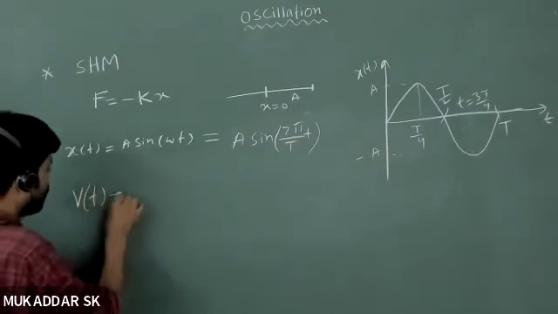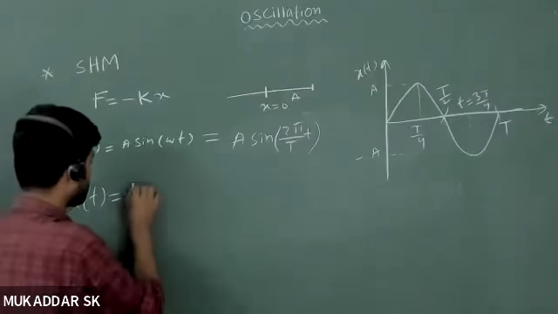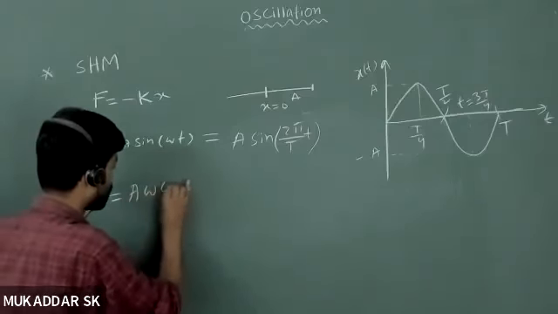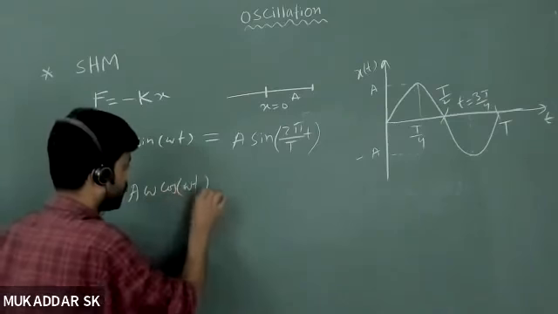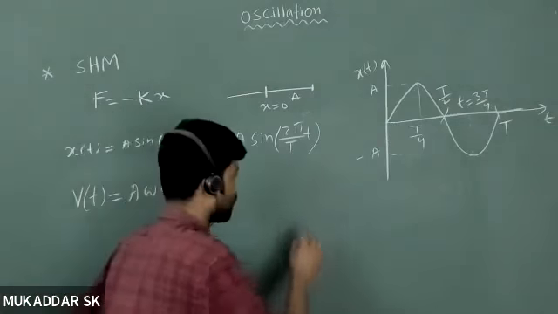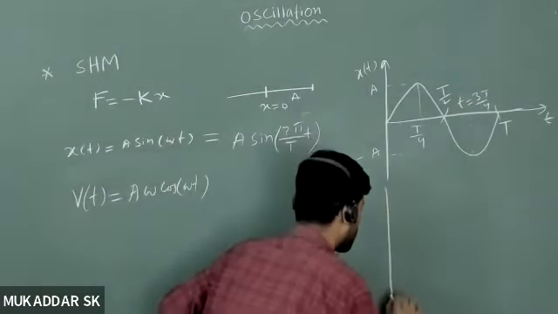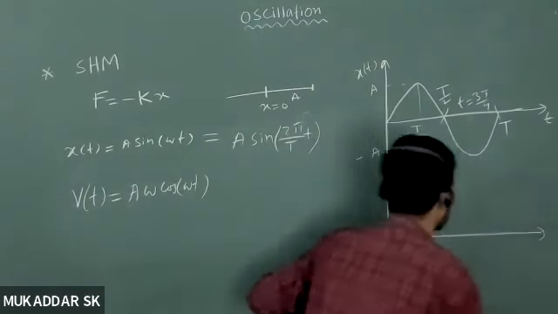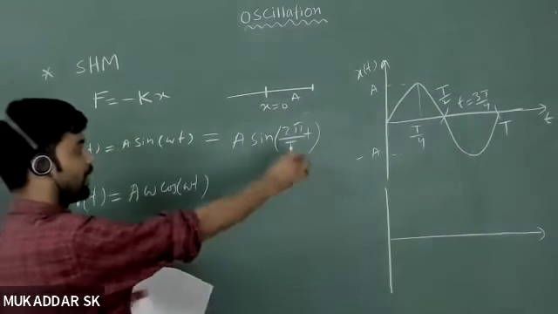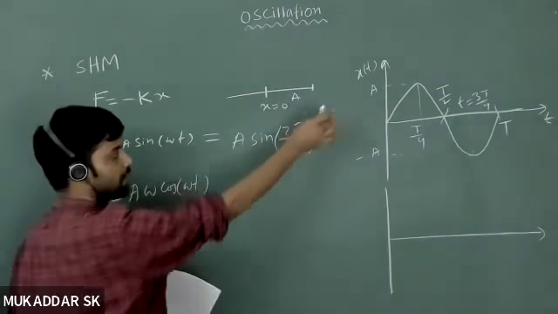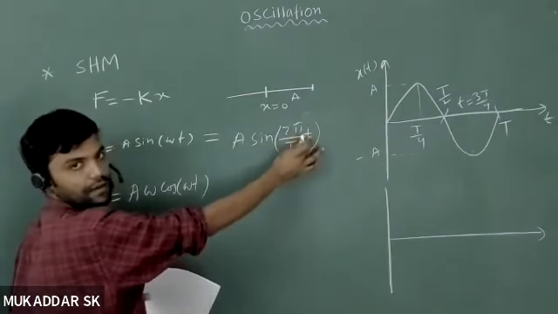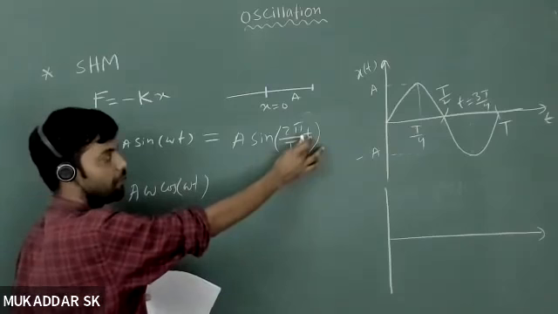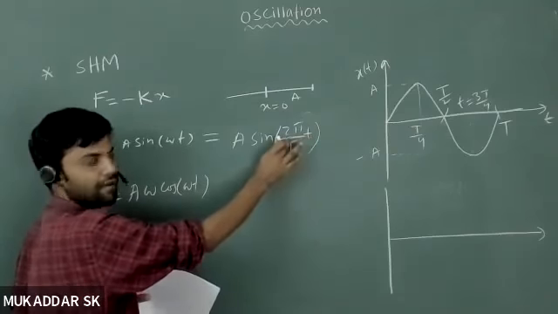Now I'll write for velocity, and you know that velocity was A omega cos of omega t. If you plot this velocity as a function of time, or in terms of time period, these things you can explain from the displacement itself. If you put capital T by 4 in place of small t, it will become pi by 2, right?